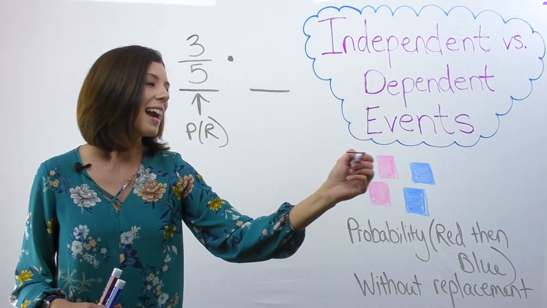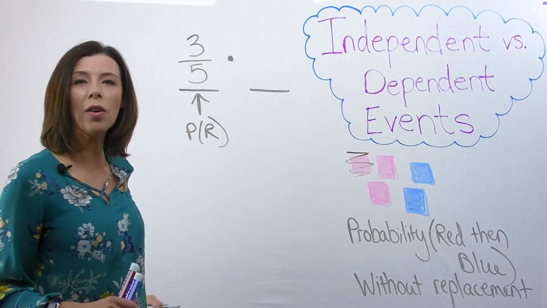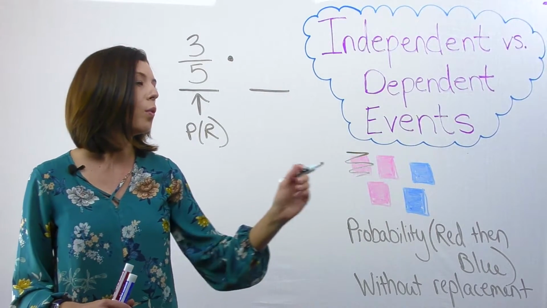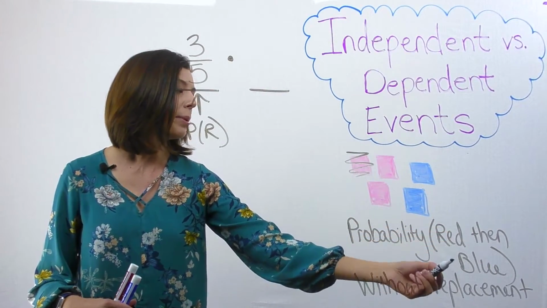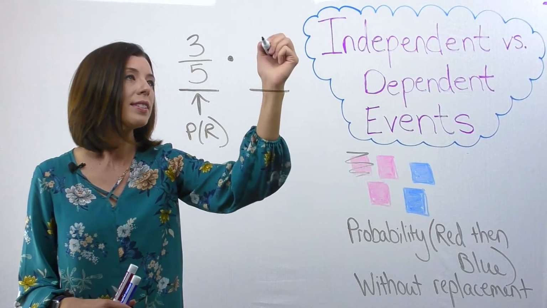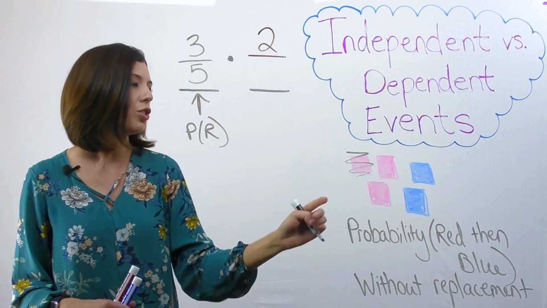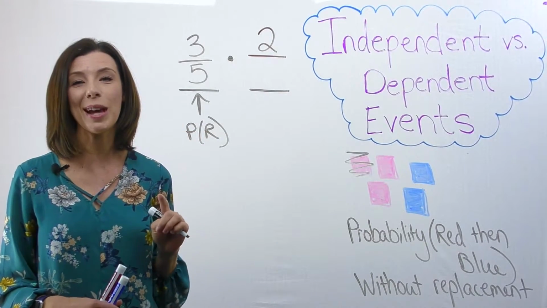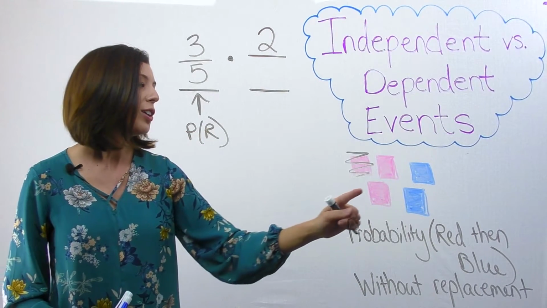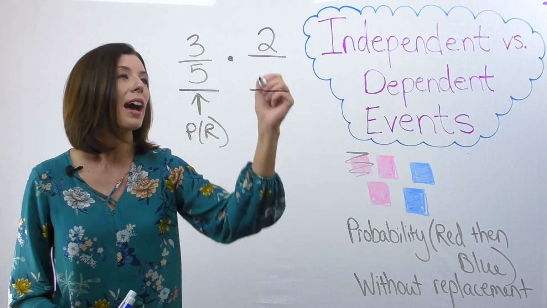However, I take out this red and now I don't replace it. I put it away. So now what's my probability of a blue? I still have 2 blue. That didn't change. But what has changed is how many blocks I have now in my bag. You can see that now I don't have 5 anymore. I have 4.